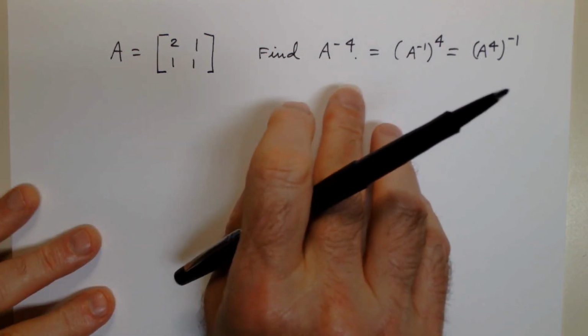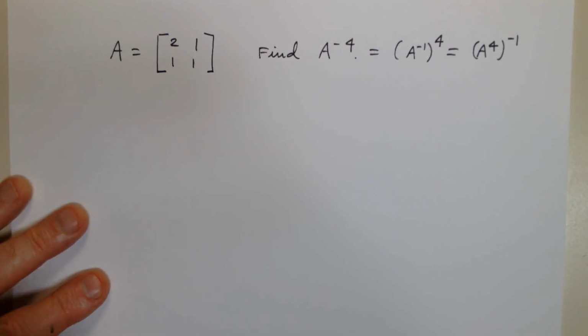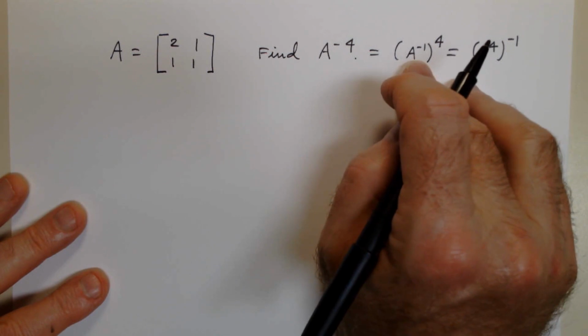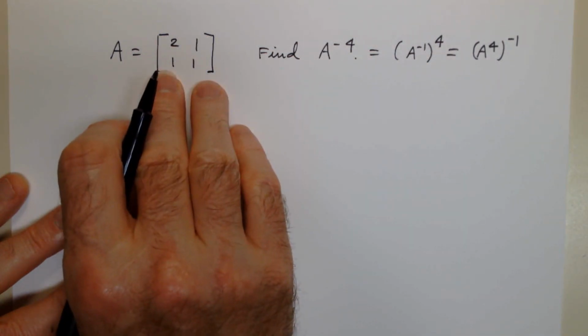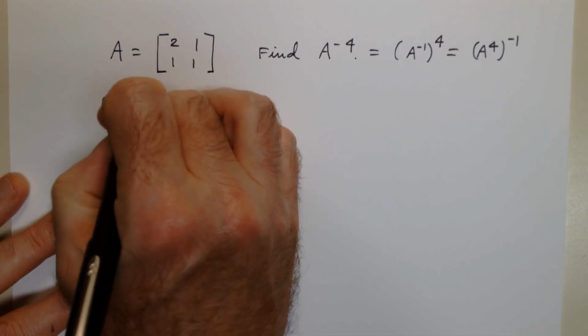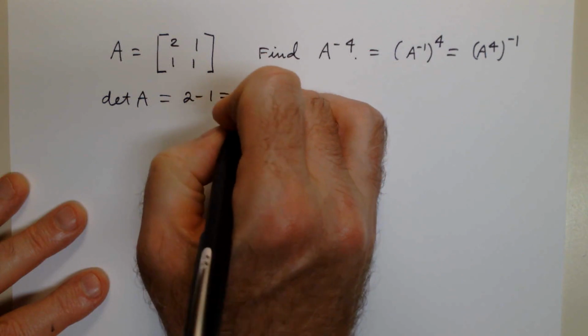Let's investigate doing it this way just to see what the inverse matrix looks like and think about computing its fourth power. All right, so the inverse matrix for this matrix, it's a 2 by 2 matrix, so we can just check the determinant. We're going to get 2 minus 1. And that's equal to 1, and that's very nice.